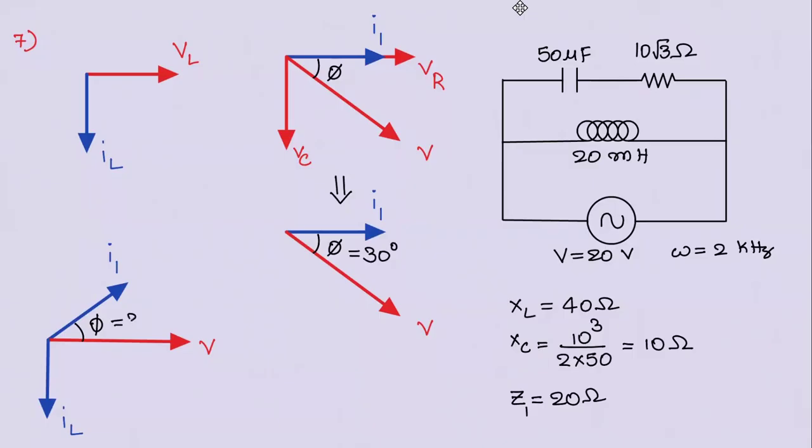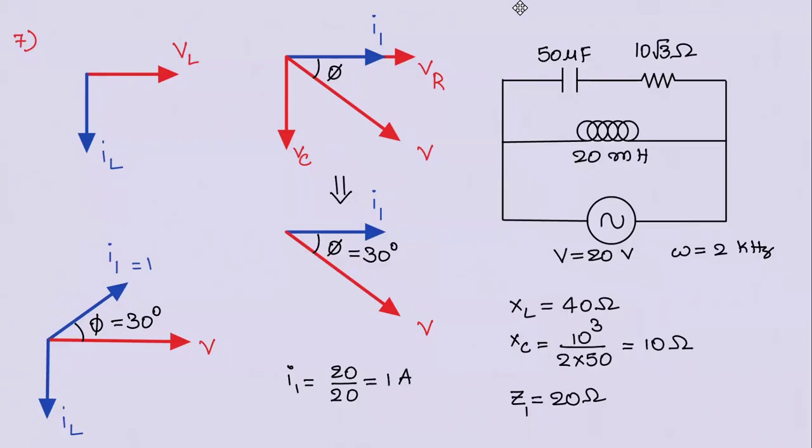And this phi is equal to 30 degrees. Okay. We can calculate I1 also. I1 is equal to total voltage 20, total Z is also 20. Is equal to what? Tell me. 1 ampere. So I1 equals 1 ampere. Okay. Right. What about IL?